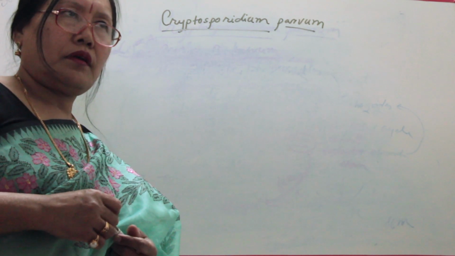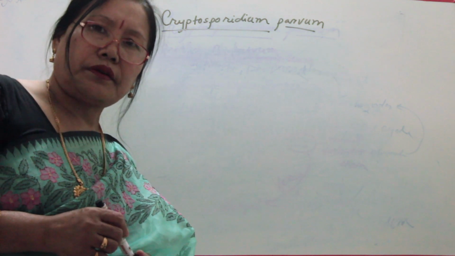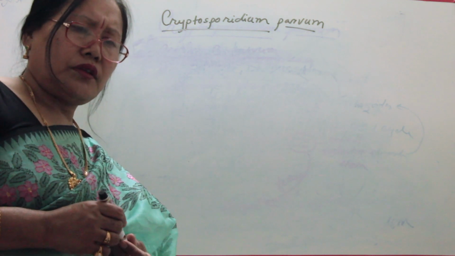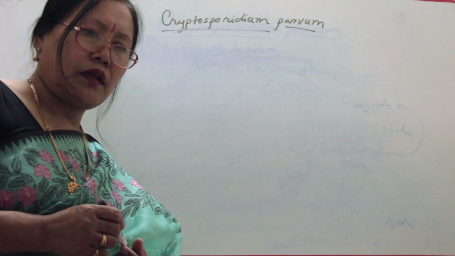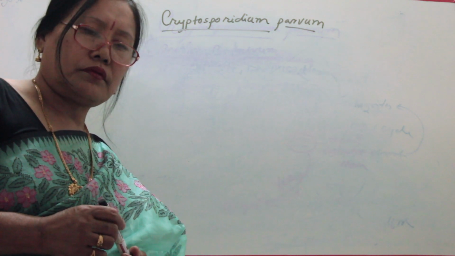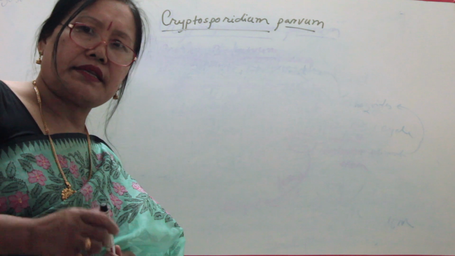Cryptosporidium parvum is present worldwide in distribution, and it is one of the most commonly found waterborne protozoan parasites.